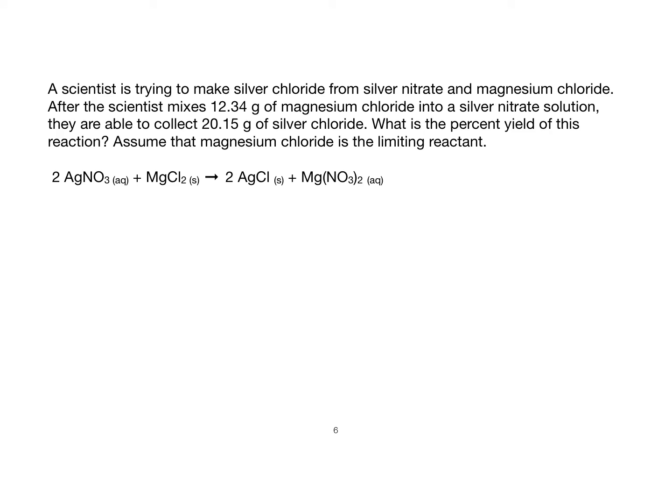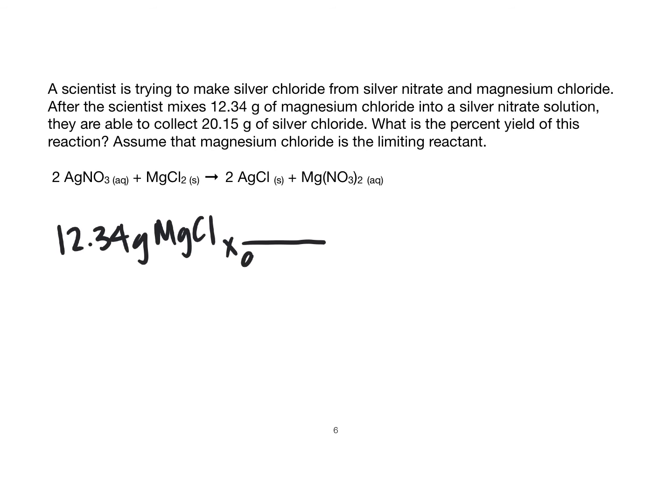So this example is really just thinking about percent yield, and it's really building on all the things we've been talking about. We're going to take an amount and convert that to grams in another component. So let's convert grams of magnesium chloride into silver chloride.